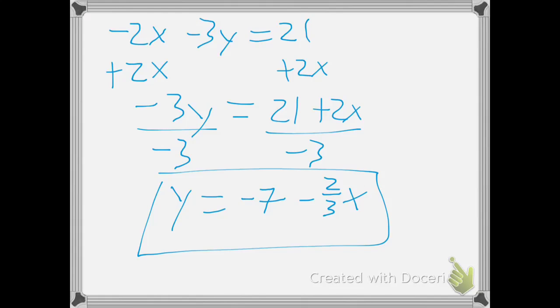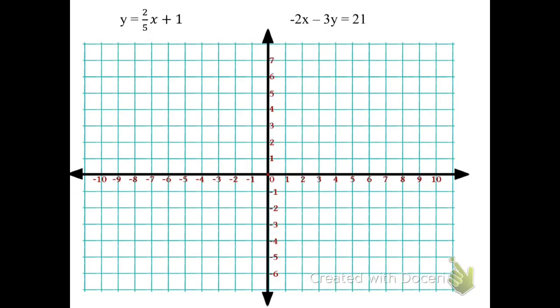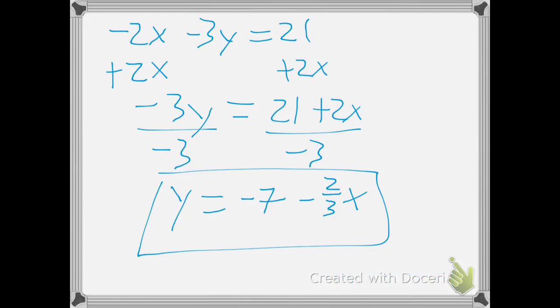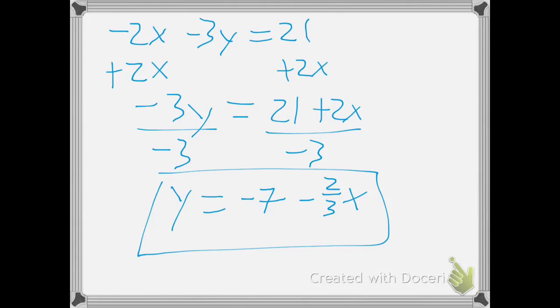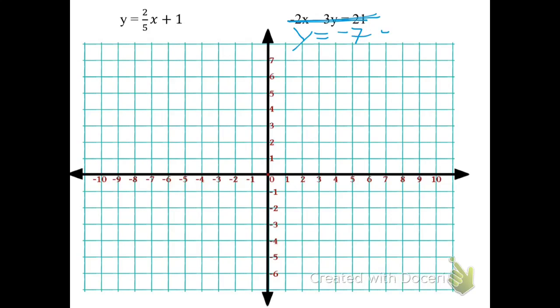Now this is in a usable form that we can graph with. So let's put that down instead of this here. We now have y equals negative 7 minus 2/3 x.